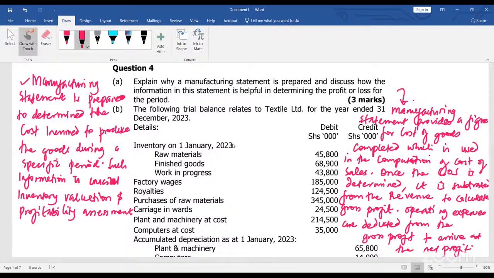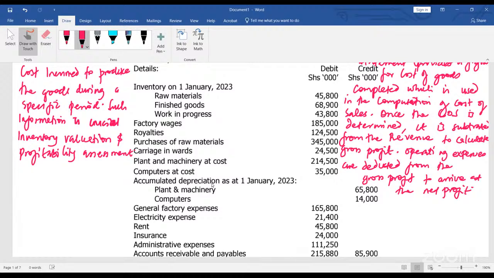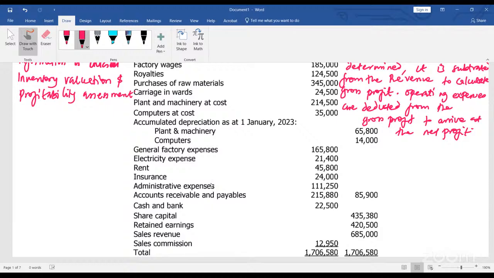You have the debit and the credit balances: inventory of raw materials, finished goods, work in progress, the factory wages, the purchases of raw materials, carriage inwards, plant and machinery at cost, the computers at cost, accumulated depreciation for the plant and machinery and the computers, general factory expenses, electricity, rent, insurance, administrative expenses, accounts receivable and payables, cash at bank, share capital, retained earnings, sales revenue, and the sales commission. So that is your trial balance.